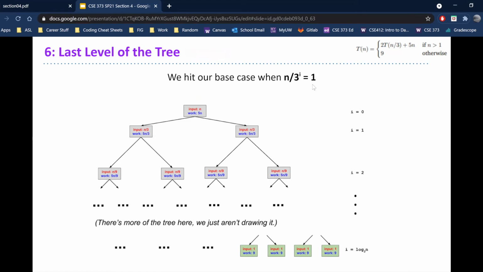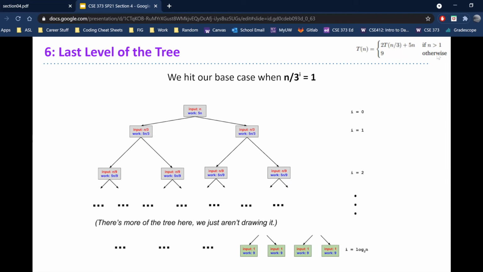In other words, we hit our base case when n equals 1, and we know this because we can look at our recurrence relation. Looking at the recurrence relation, the work is represented by this particular function when n is greater than 1. So in our otherwise case, that is when we will hit our base case.